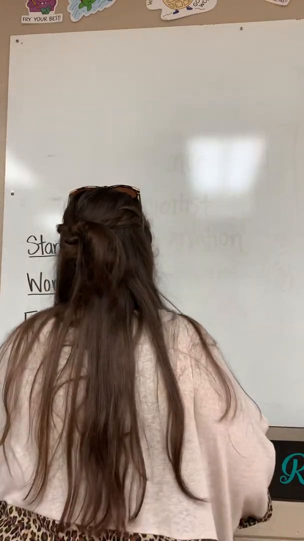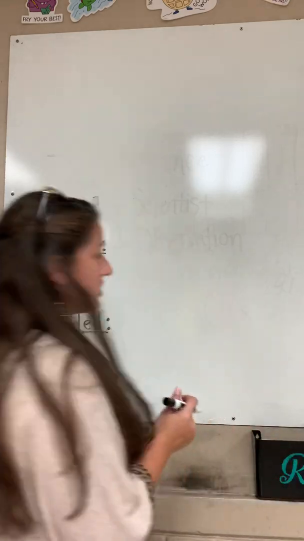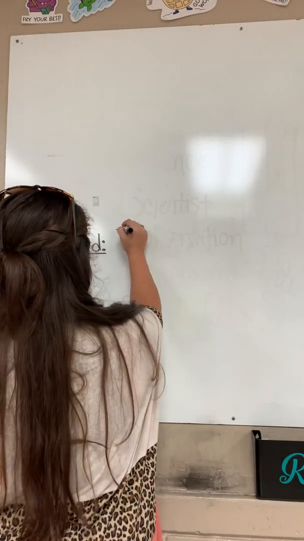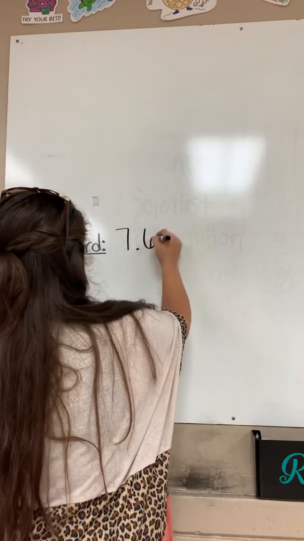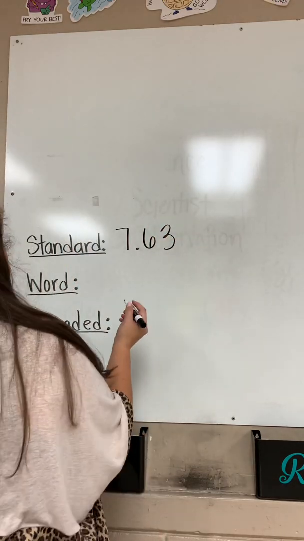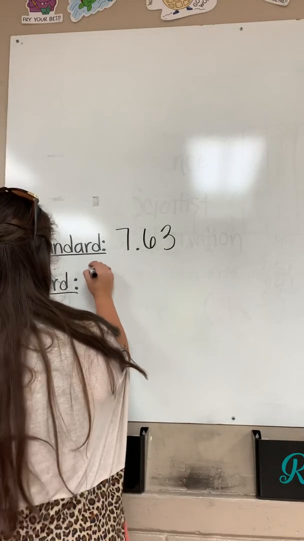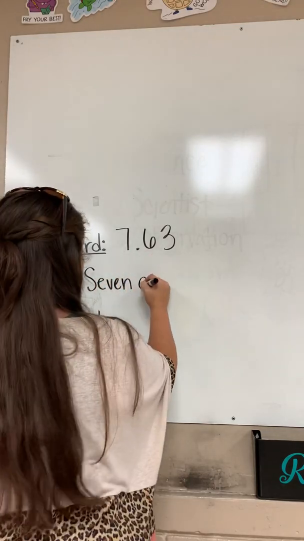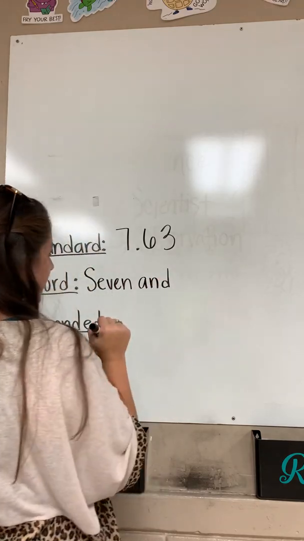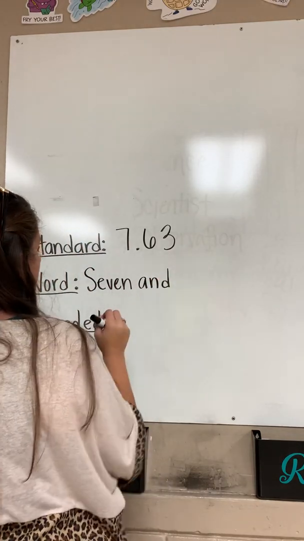Erase. All right, here we go. Let's do another one. Let's do 7 and 63. Okay, so in word form, we're gonna write 7. Our decimal stands for and. Okay, I don't know if y'all can see it that far, so I'm gonna write it right below here.